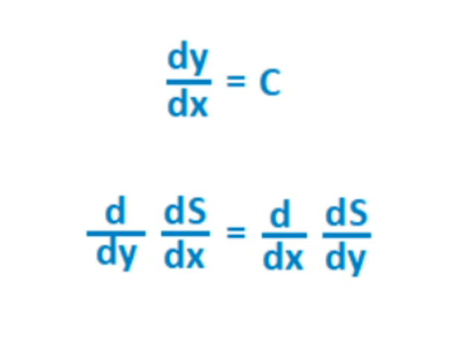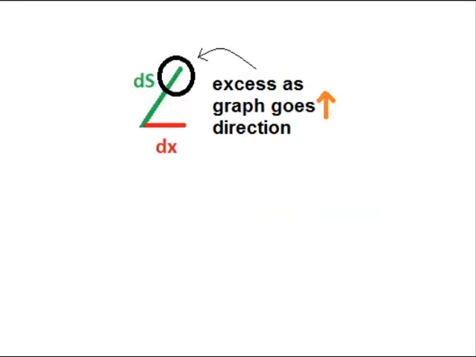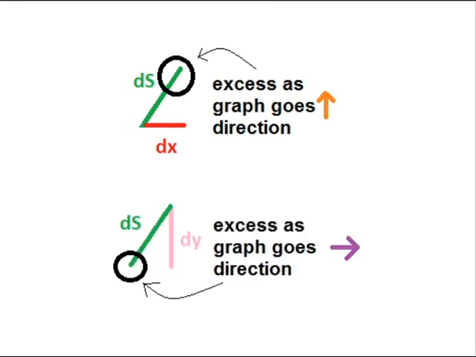This equation, while much uglier, can be thought of as: for each tiny piece of arc length, ds, the excess portion of ds over its horizontal displacement, dx, shifted vertically, is equivalent to the excess portion of ds over its vertical displacement, dy, shifted horizontally.